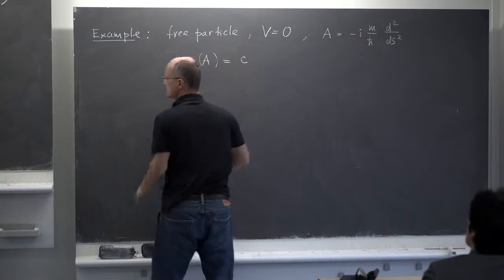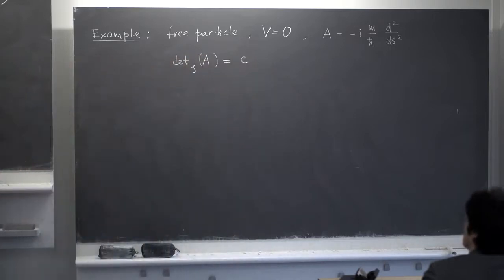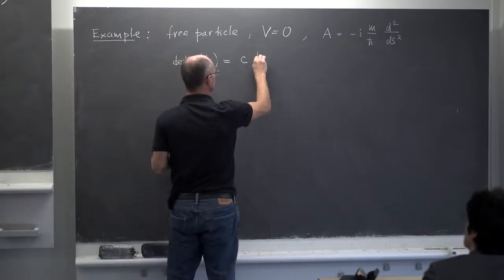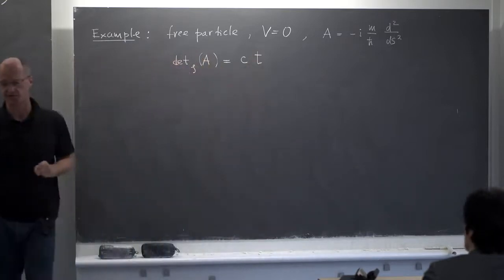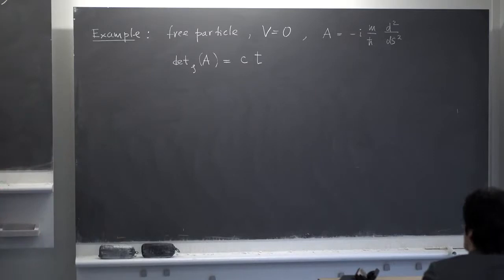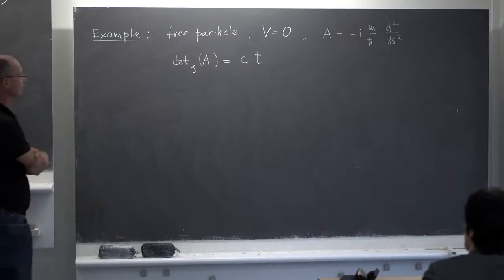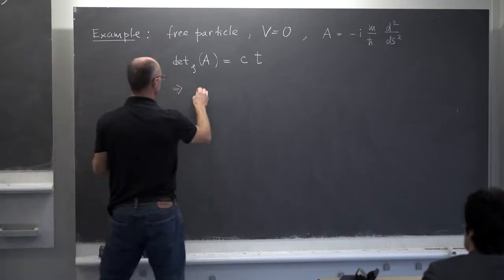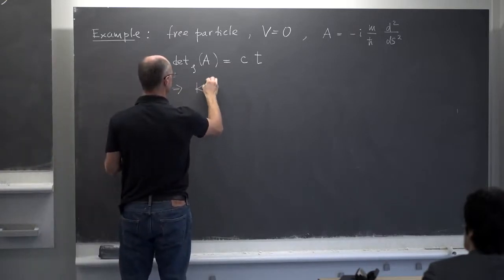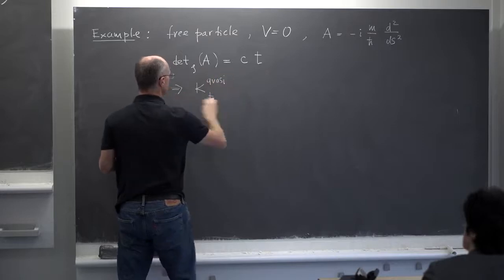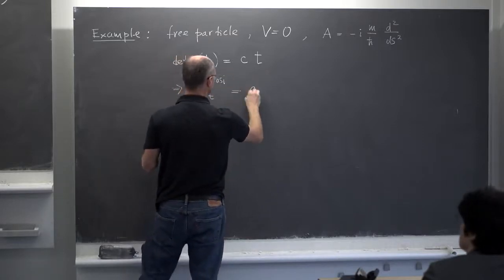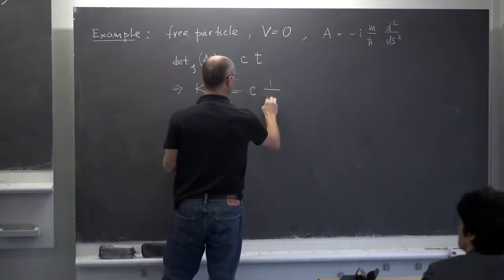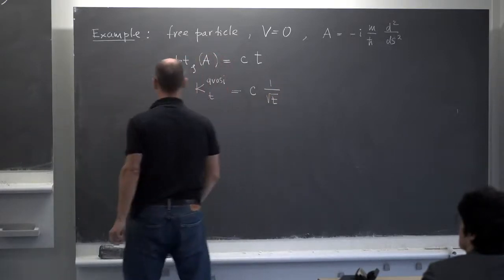Since in the end anyways we will not be taking into account all the constants correctly, let me put it in this relatively vague way. So there is a constant times the time t. This implies K_t quasi is equal to a constant. Now we know that we should put 1 over square root of t.